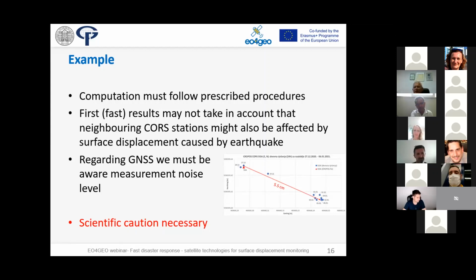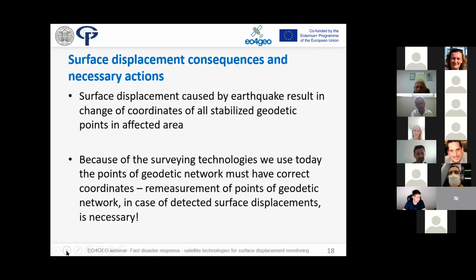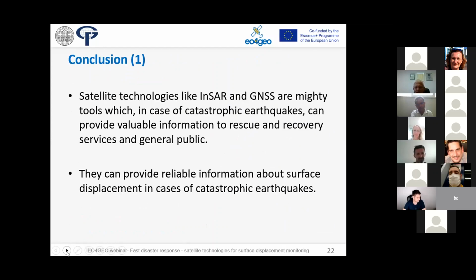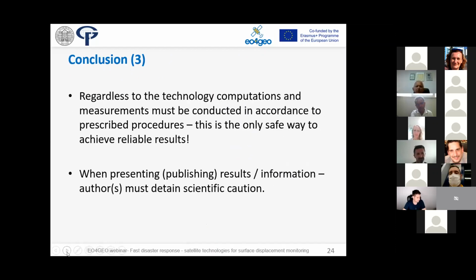So in this sense, we have to be cautious and ensure that we have sufficient independent computations which guarantee reliable results. And finally, when presenting or publishing results and information, authors must retain scientific cautiousness.